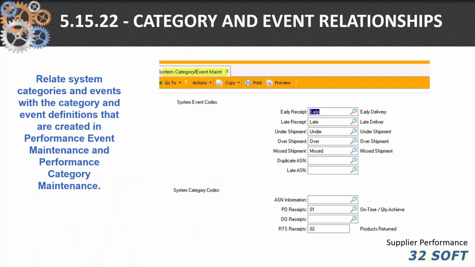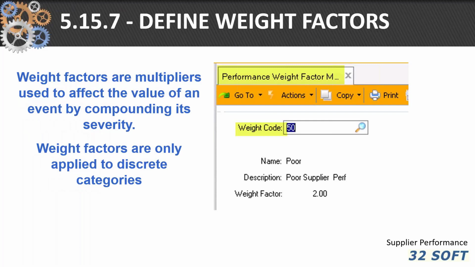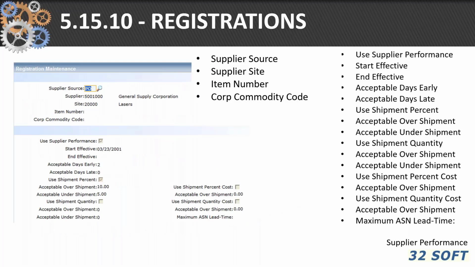And then in 5.15.22, you relate the category to the event. And then in 5.15.7, you define 8 weight factors. So this is basically the alpha factor of supplier performance. We looked at alpha factors in terms of forecasting. So the higher the weight factor, the more important a particular performance category is against their performance.